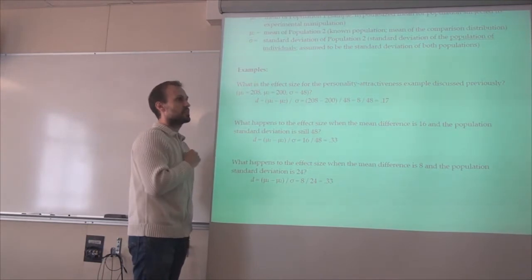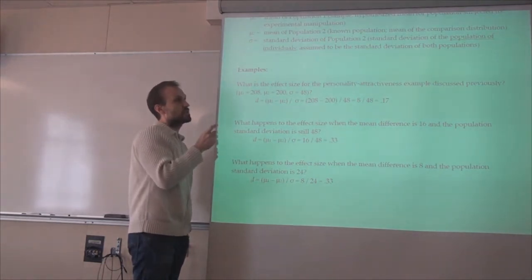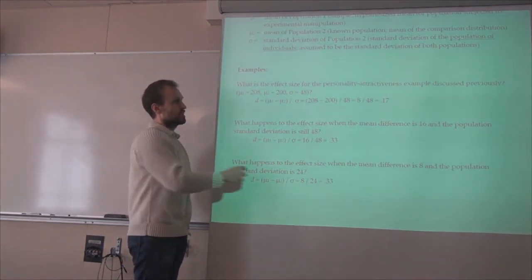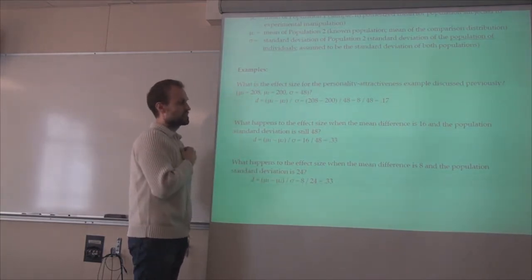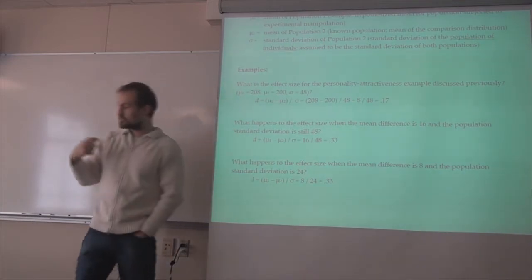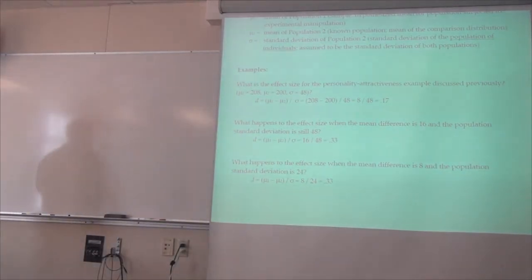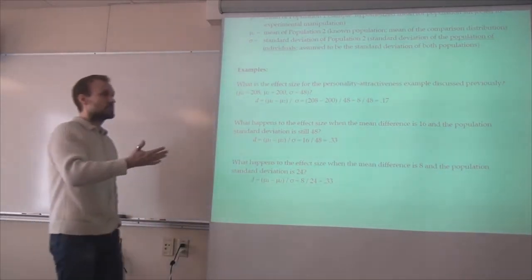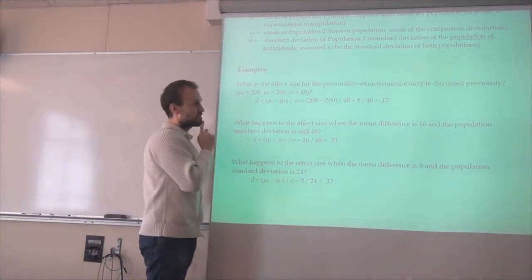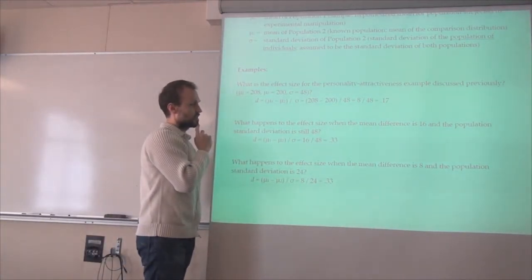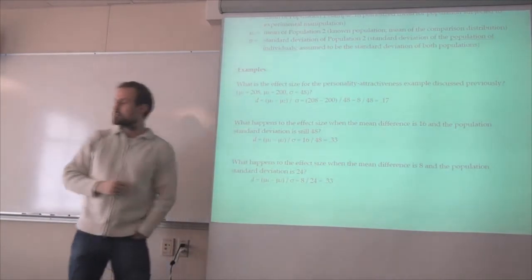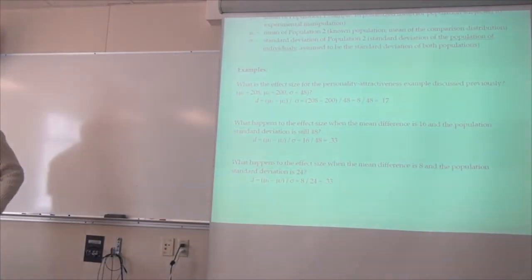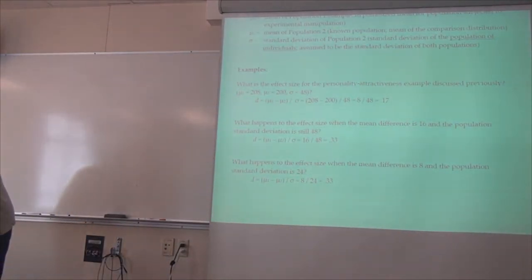If there isn't a lot of variability in my distribution, if the standard deviation is less, then the same gap of 8 will have a bigger effect, because it's not as common to see that much variation. So the effect size is affected by both the distance between the two means as well as the standard deviation of the population in question.